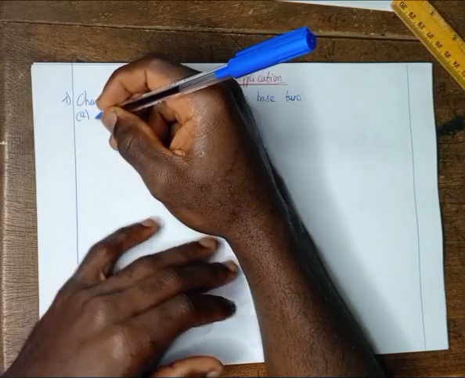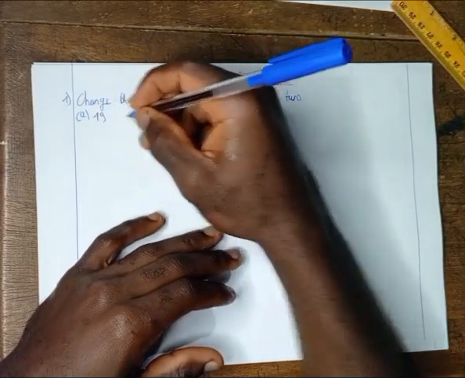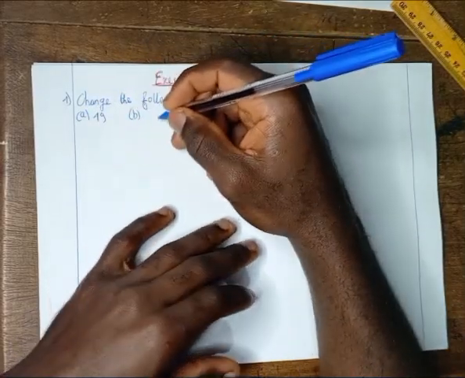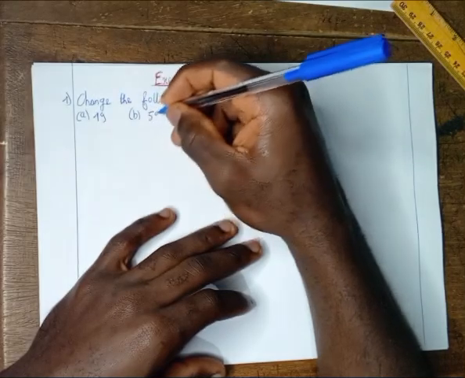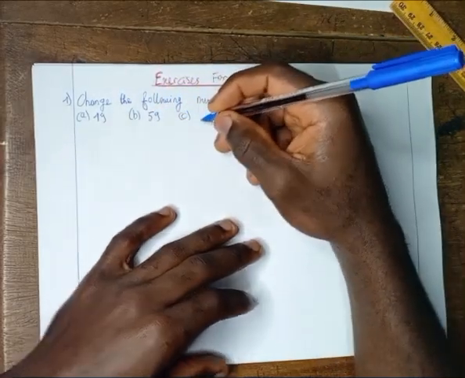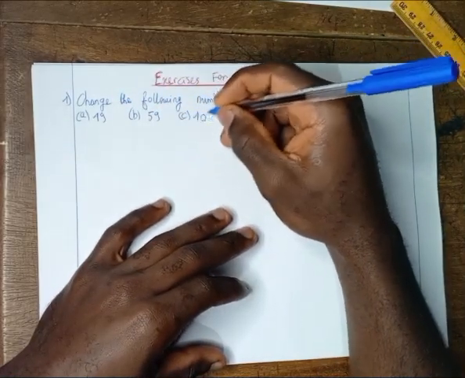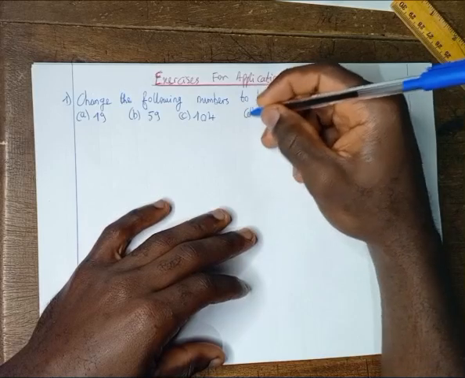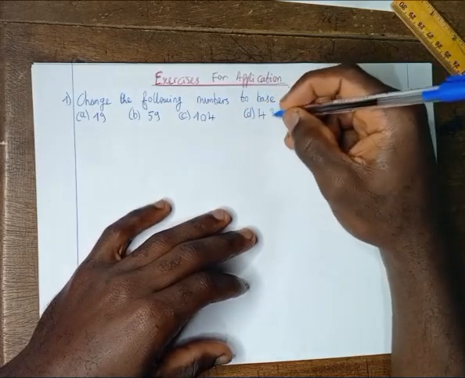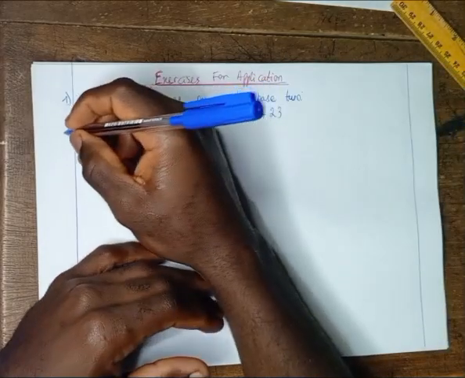The first one, A, we have the number 19. B, we have the number 59. C, we have the number 104. And lastly, D, we have the number 423.